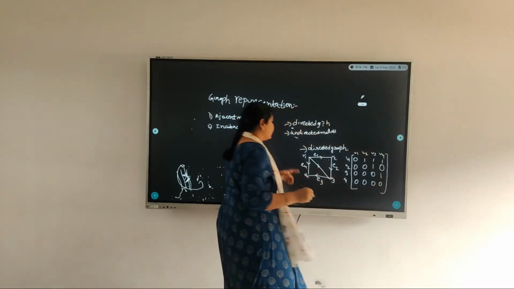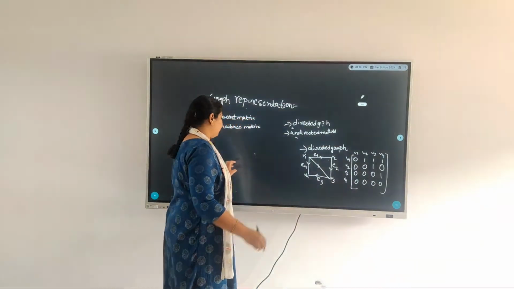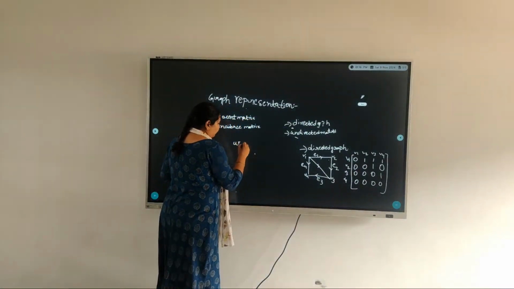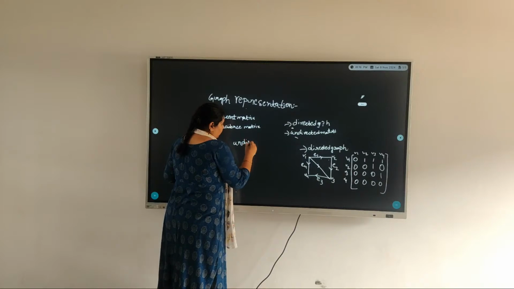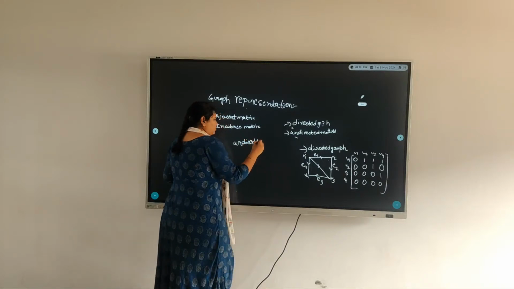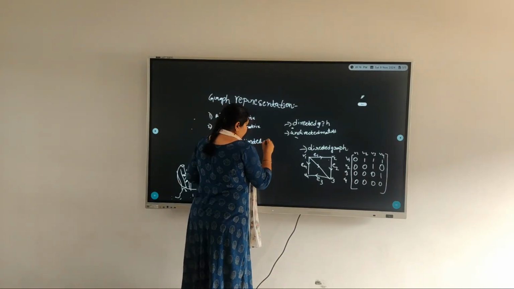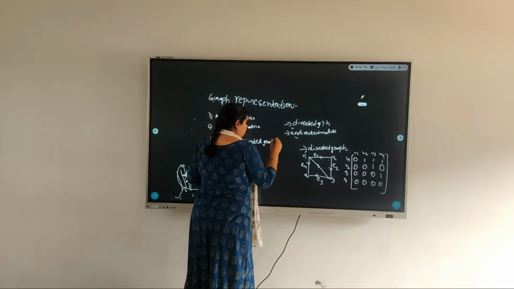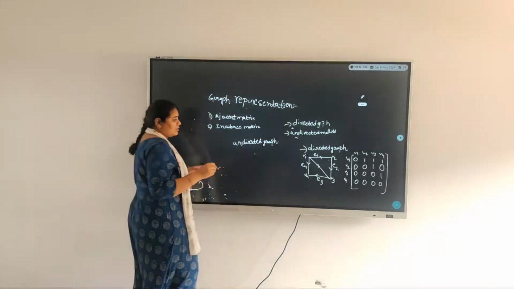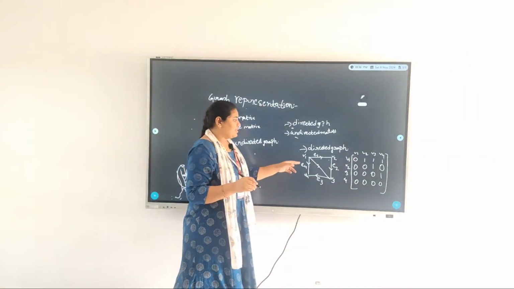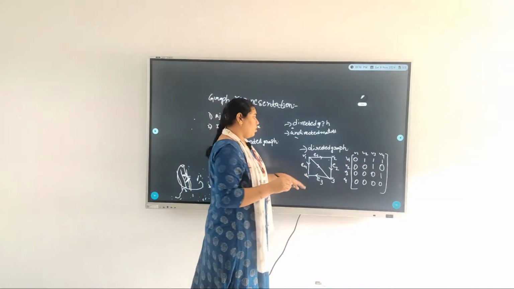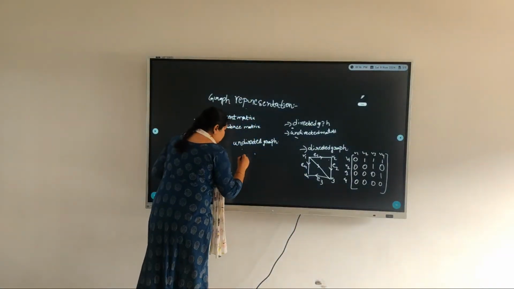So this is an example of a directed graph. Now for an undirected graph, we also have to take vertices as rows and columns.